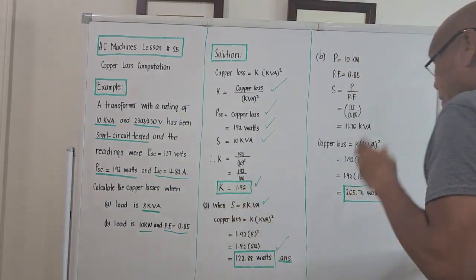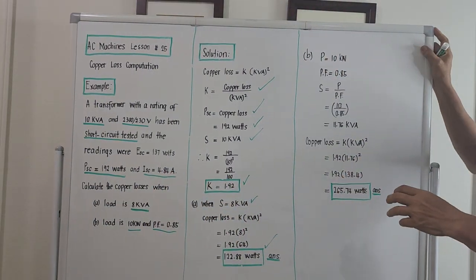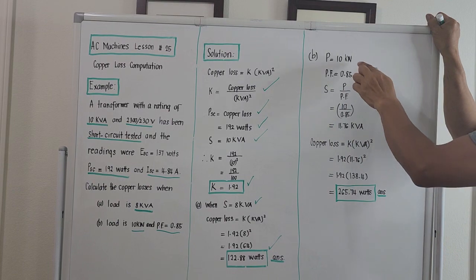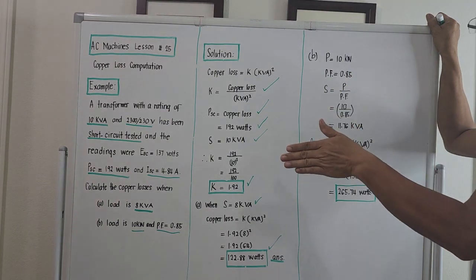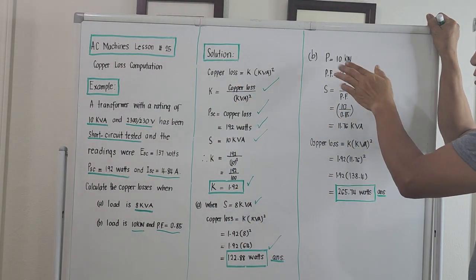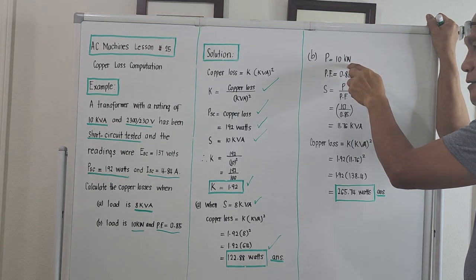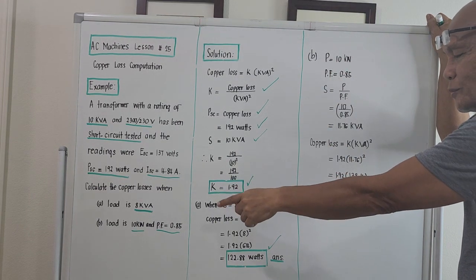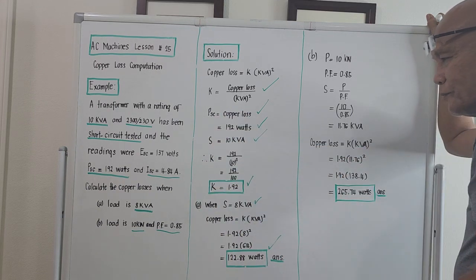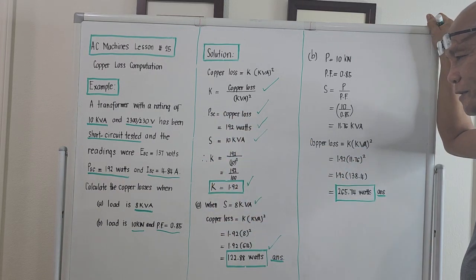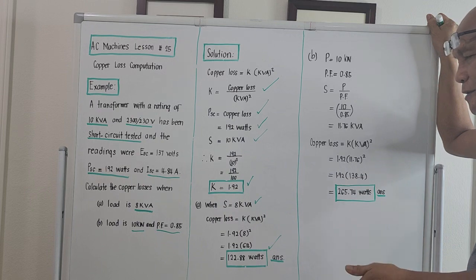The last part is this. When the power load is 10 kilowatts, it doesn't say apparent power, right? It doesn't say kVA, it says kilowatts, right? That's why on the last part of the requirement, the kilowatts is given, the power factor is given.